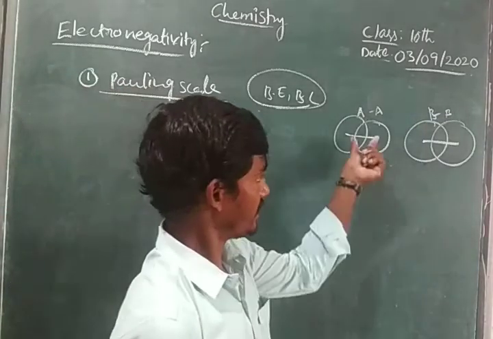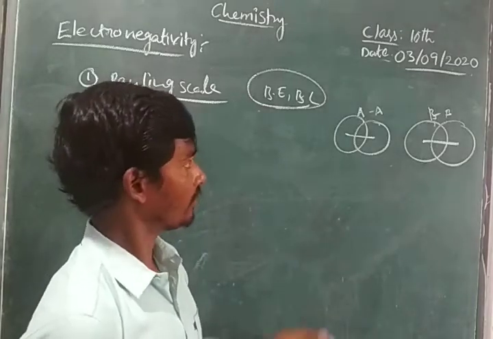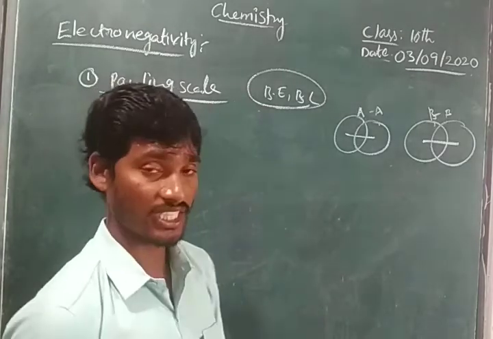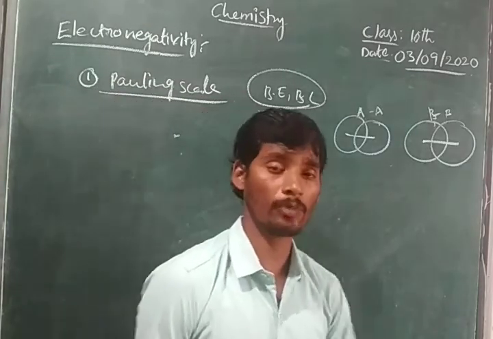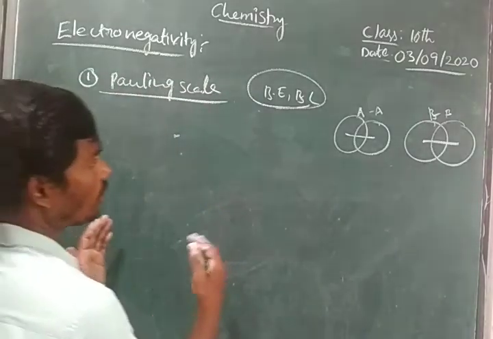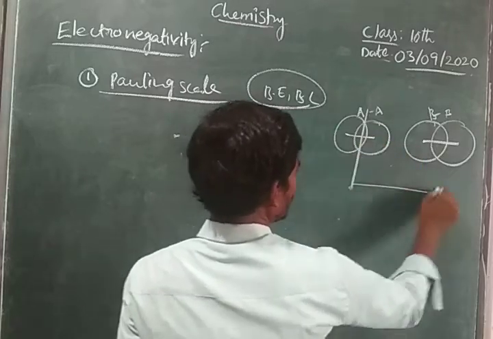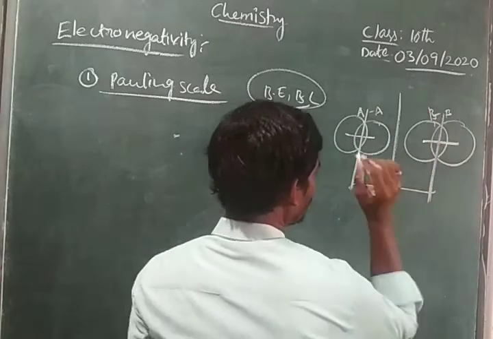Right, children? It has some bond length. Here, Pauling based this on the bond length property, so between these two atoms we have to take half of the bond length.